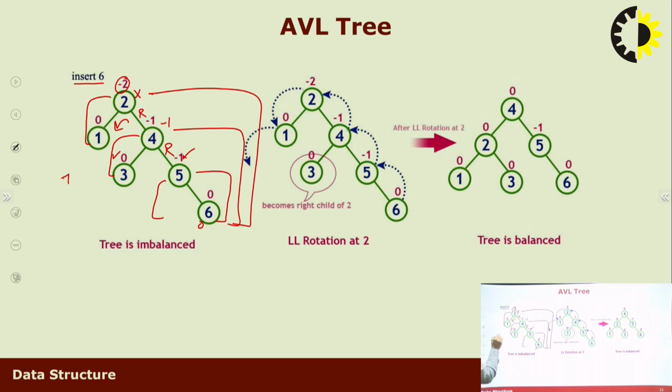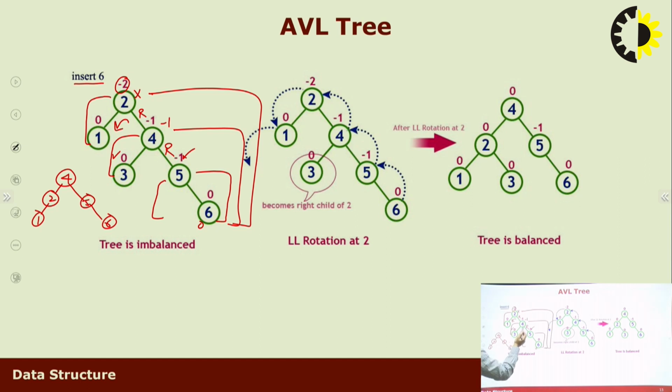4 will become the root because we are rotating the tree at 2 in the left direction. 2 will come as the left child of 4 and 1 comes to this side. Then 5 will come up this side and 6 will come this side.